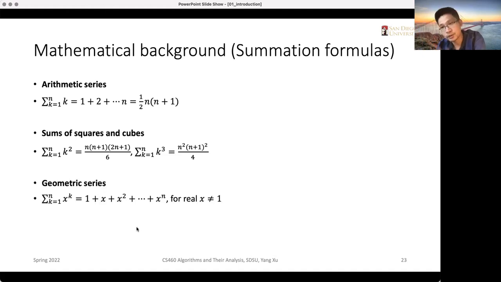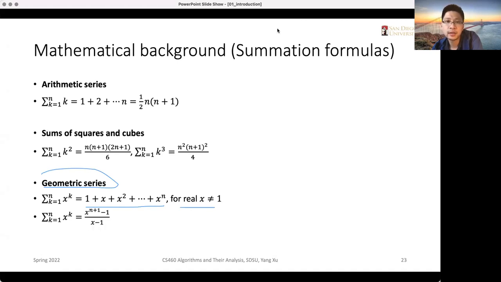And another important series is the geometric series. Say you add 1 plus x, x squared, up to x to the power of n. So for computing this geometric series, we also have a formula, right? We can use x to the power of n plus 1 minus 1, divided by x minus 1. This has an interesting property because we have x to the power of a very large number here.